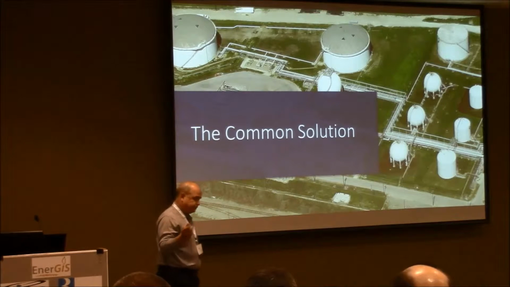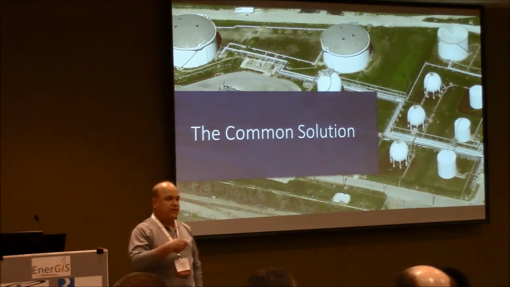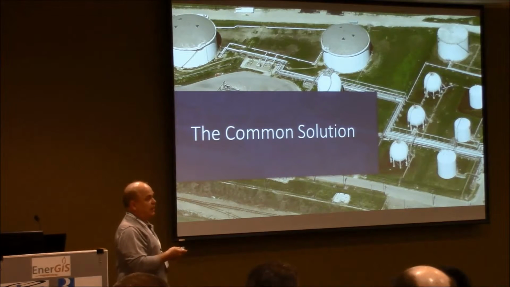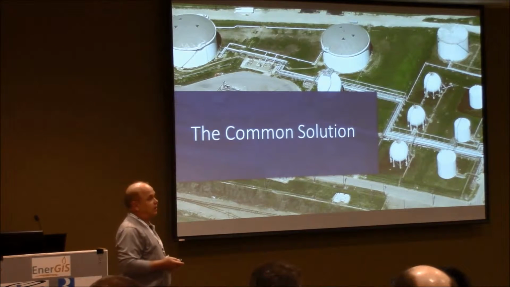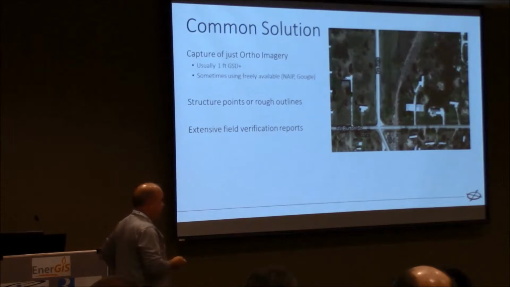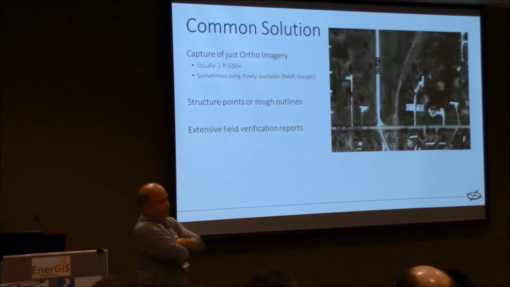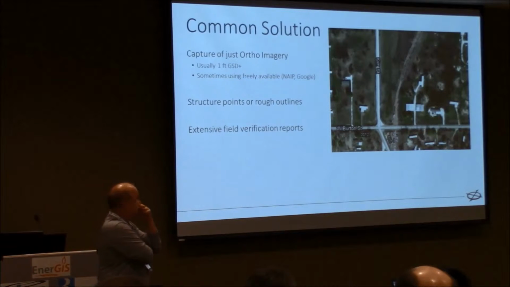So, common solution. This is what I see on a routine basis in industry. And this is how many operators have been, or in some cases still are, approaching their HCA class determination and their HCA verification.